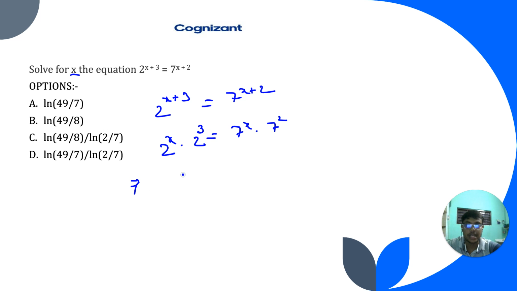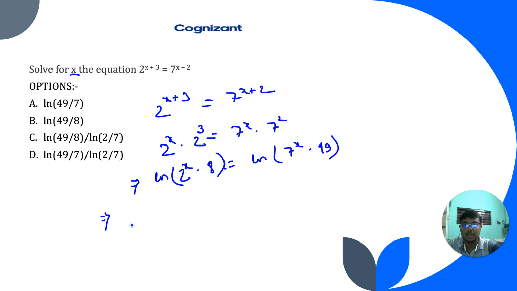Now we can use ln on both the sides. So we would have ln of 2 to the power x into 8 equal to ln of 7 to the power x into 49.